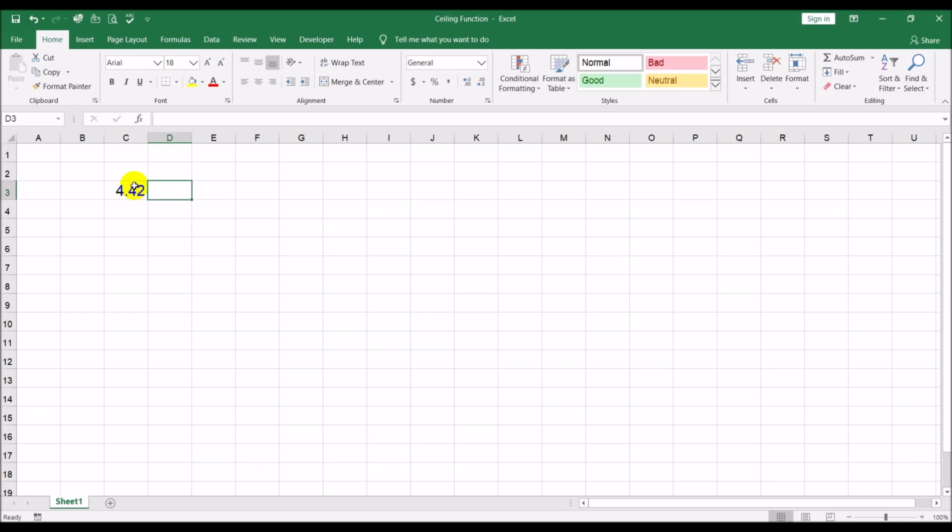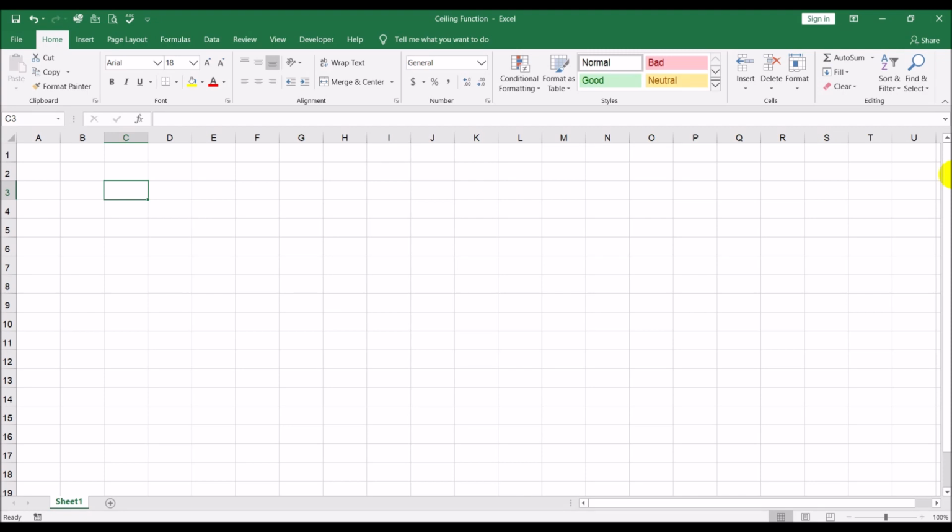So let's see how we would be using the ceiling function. One thing to remember: if either the number or the significance is non-numeric, you get the #VALUE! error. If the number is negative and the significance is negative, the number is rounded down away from 0.